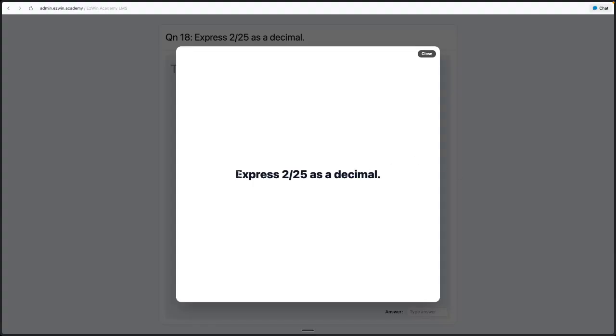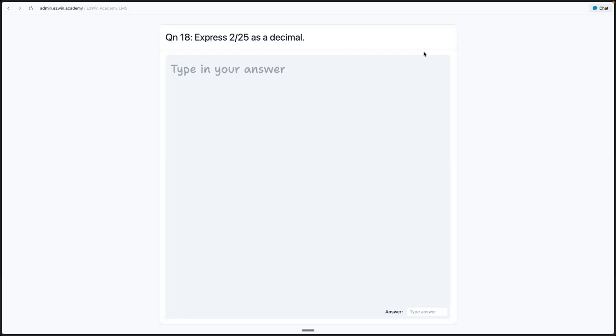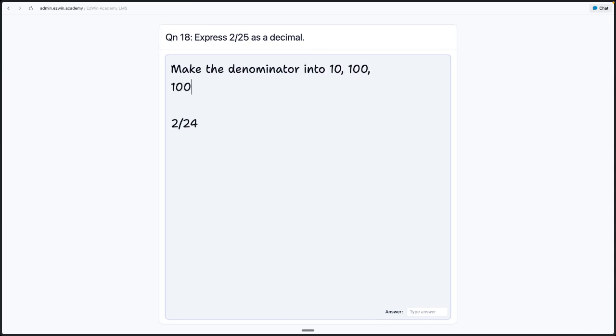Question 18. Express 2 out of 25 as a decimal. If you want to convert it into a decimal but we don't have a calculator, what we can do is make the denominator into 10, 100, or 1000.